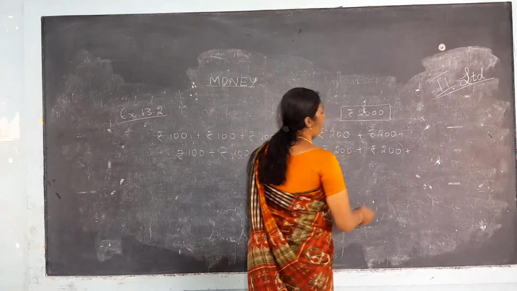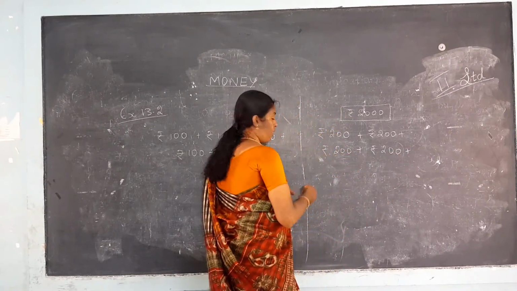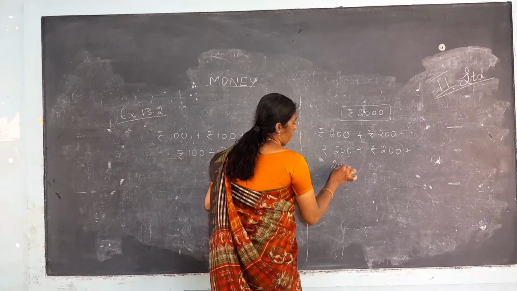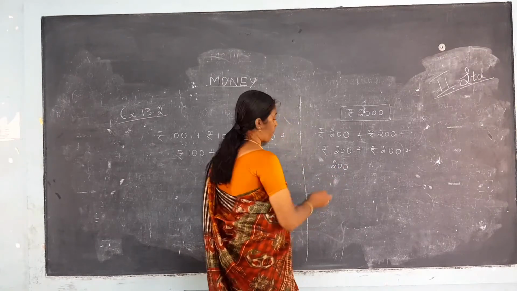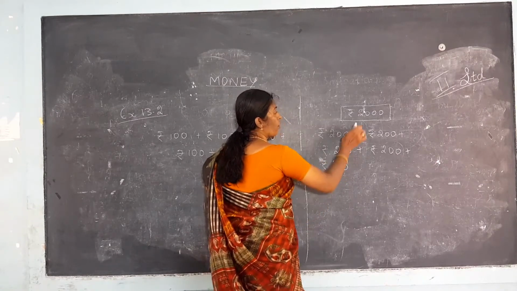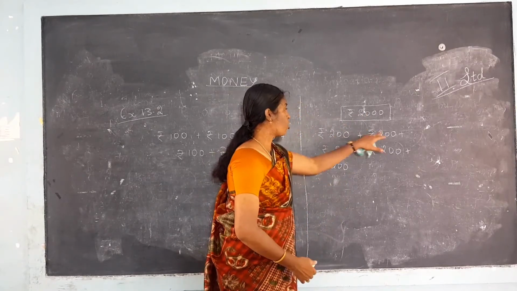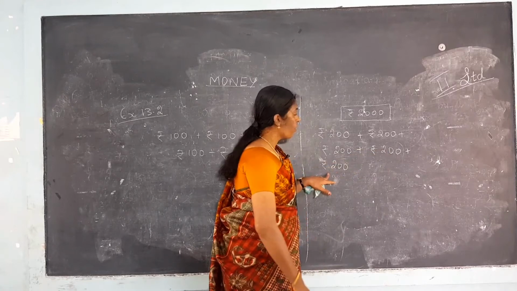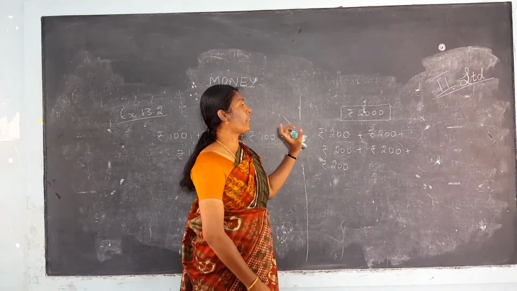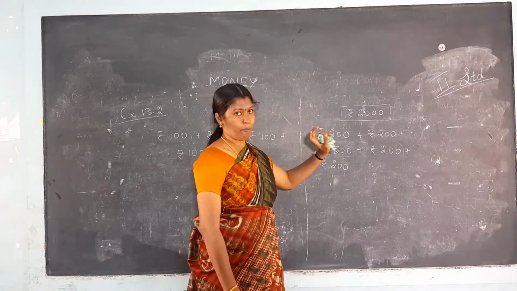And 800 plus 200, 1000. We want 2000 rupees. So you see here 1, 2, 3, 4, 5. So 5 notes of 200 rupees make 1000 rupees.